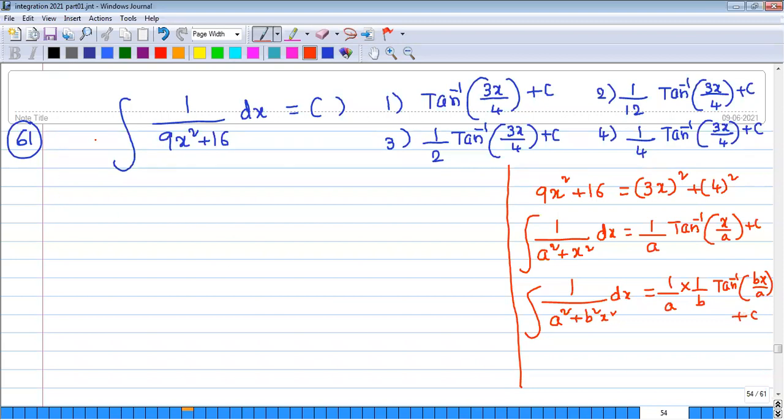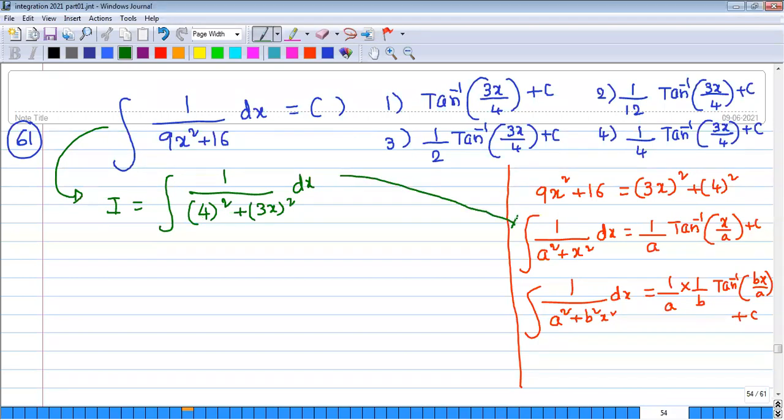Now as far as this question is concerned, I equals integral of 1 upon 4 square plus 3x whole square dx. So this is in the form of this formula, or even you can apply this formula.